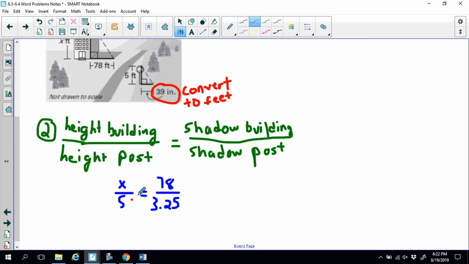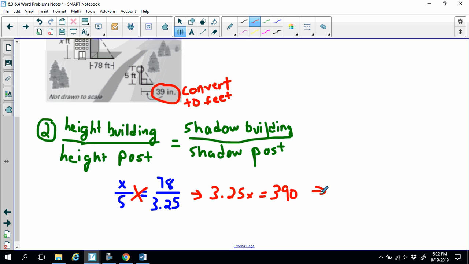From here, we do cross multiply, so we do 3.25 times x. So we get 3.25x. And then we do 78 times 5. And that should give us a really big number, 390.